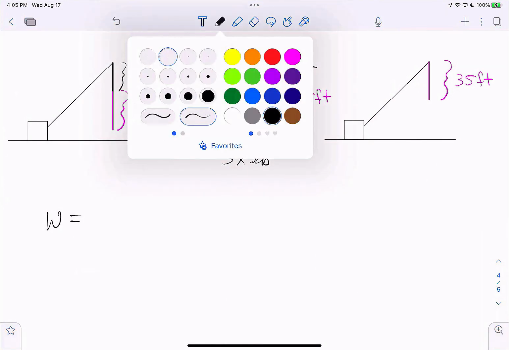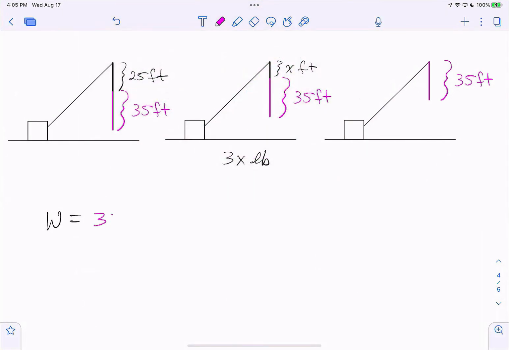One of them is the 35 feet that weighs 3 pounds per foot, and that chunk eventually is moving up 25 feet. So we're thinking of that as a static piece of cable whose length isn't changing, so the force doesn't change.